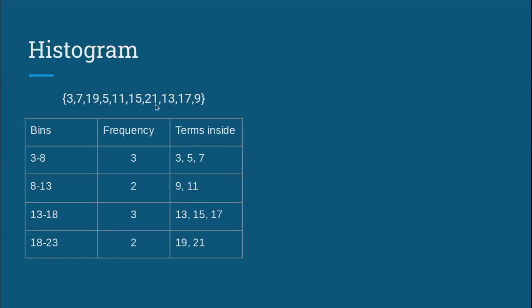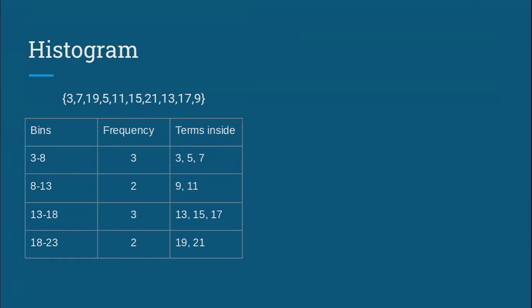So again, you see in your bins, now, you did not have to make your bins 5 units apart. But I would say to you, because the data only goes between 3 and 21, smaller bins may have been better than bigger bins.